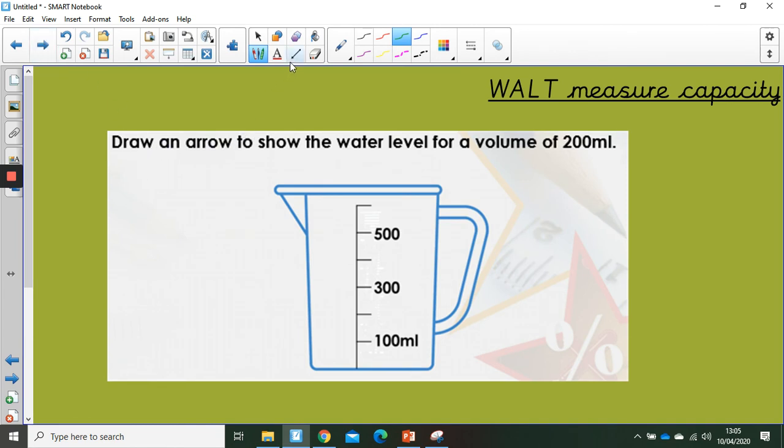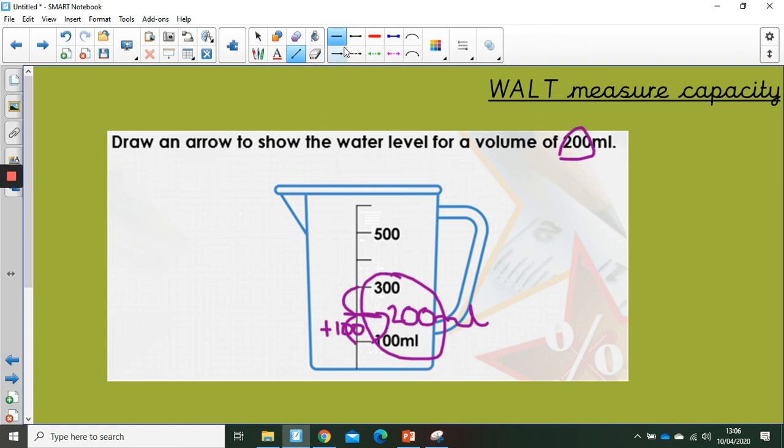This time draw an arrow to show where the water level is, volume of 200 millilitres. Let's find out the difference. 300 subtract 100 is 200. Half of 200, the halfway point, is 100. The increment is increasing by 100. 100 and 100 is 200 millilitres.